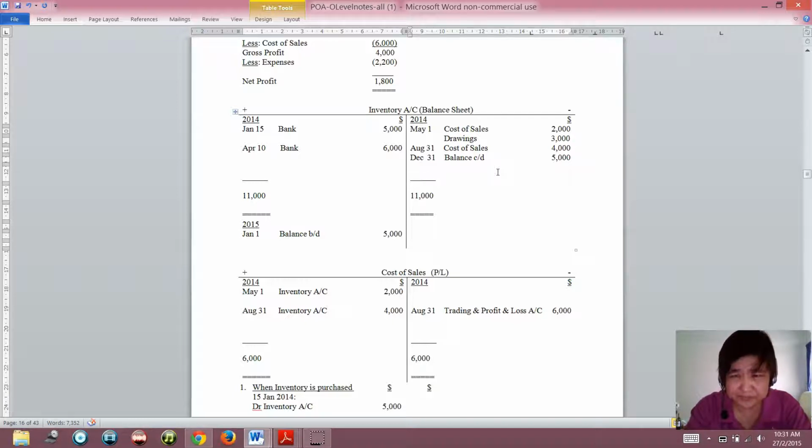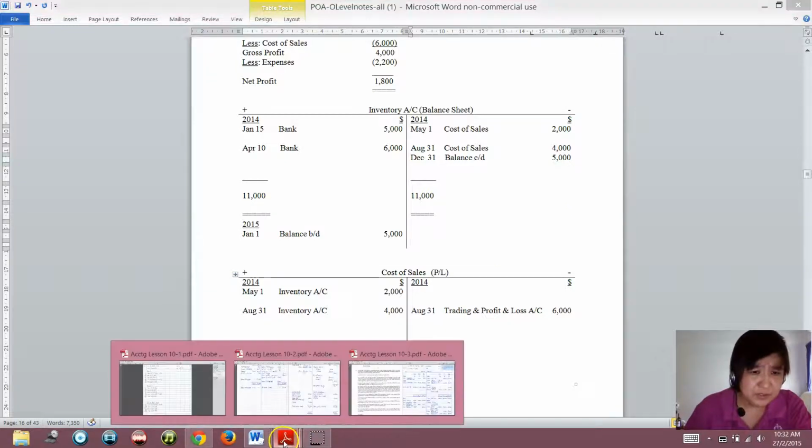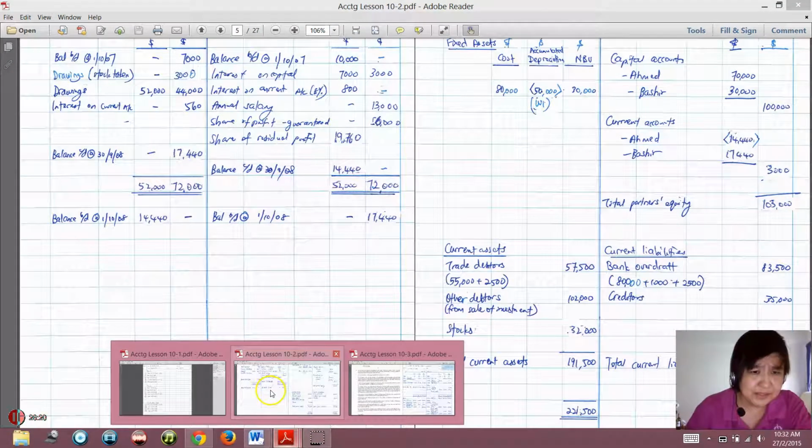It reduces the partner's current account. It does not reduce the capital, because capital is for long term. Capital account is for long term. Current account is for current use. So these drawings of 3,000 will be put in the partner's current account.